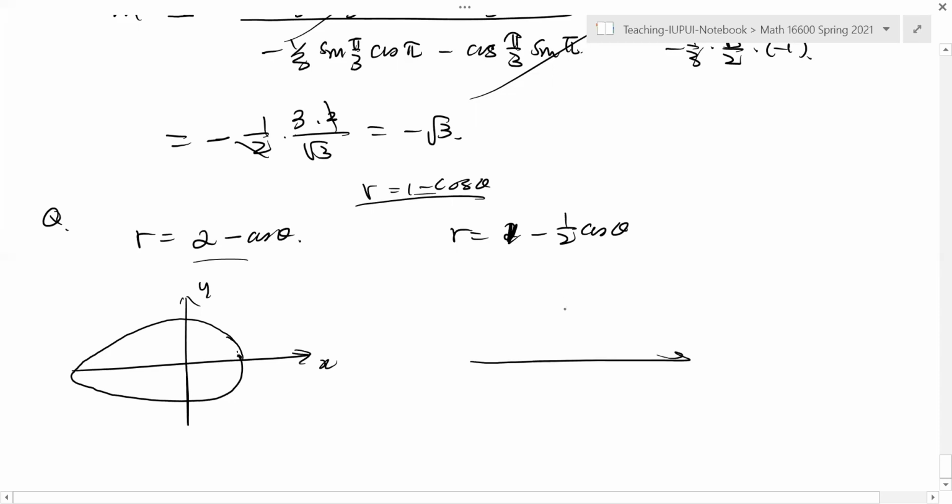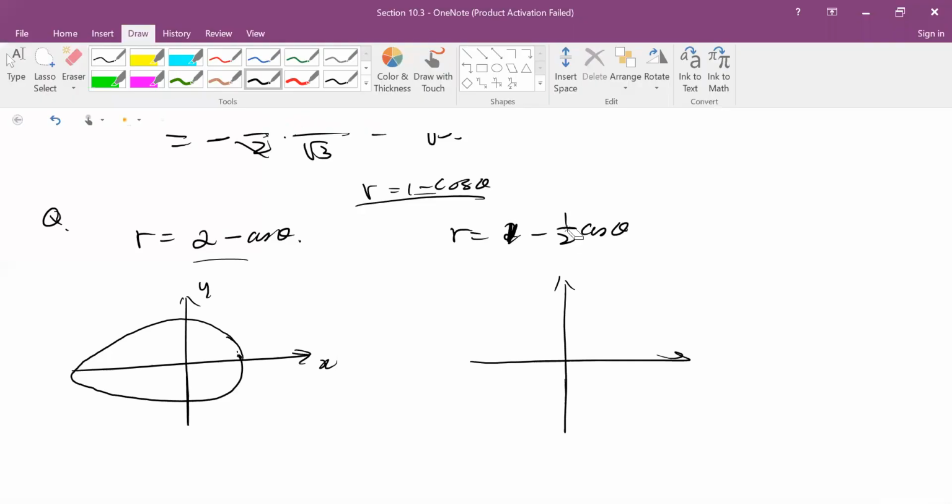In this case, oh, it's the same. Let me change to 2 here.